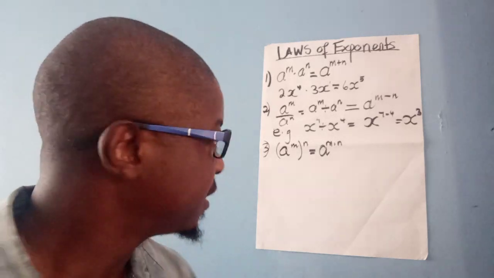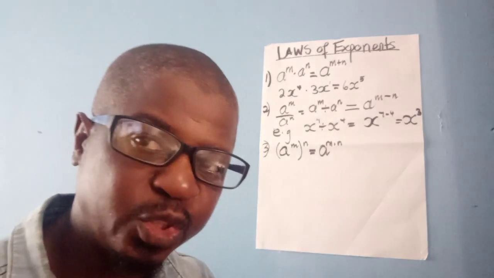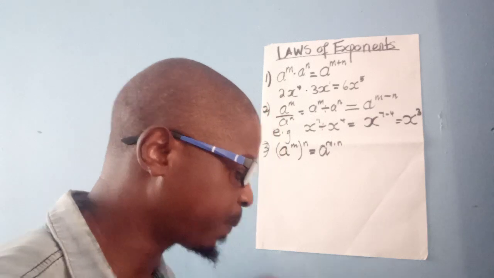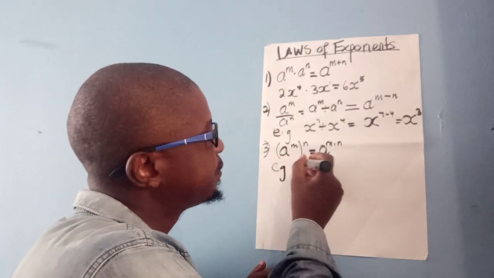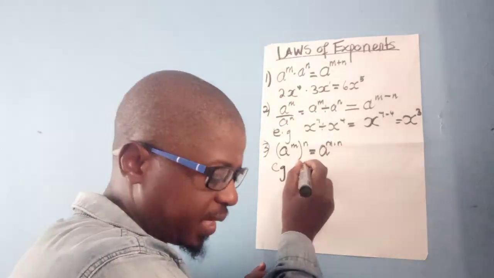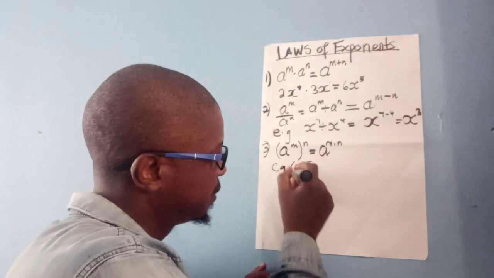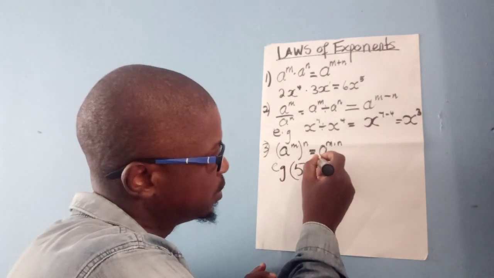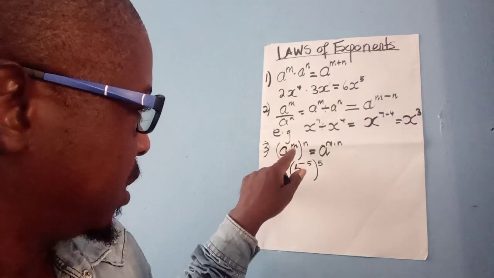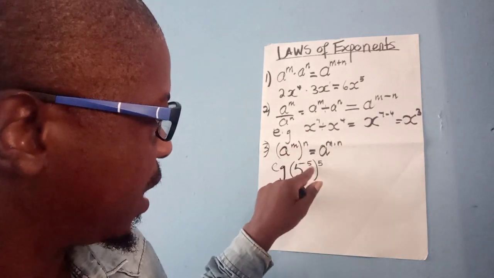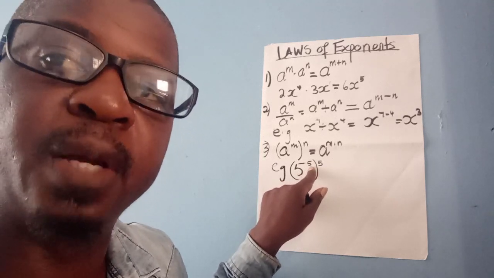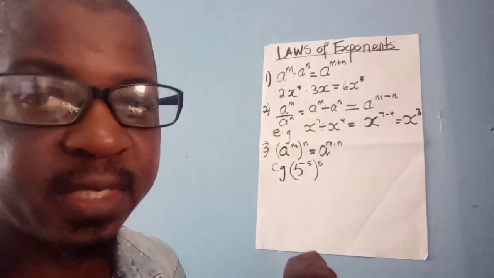In this case, for number 3, let me put numbers for this one. Let's say we have e.g. 5 to the power of 5, all to the power of 5 once again. So this one is our base. This is our interior exponent, and this one is our exterior exponent.